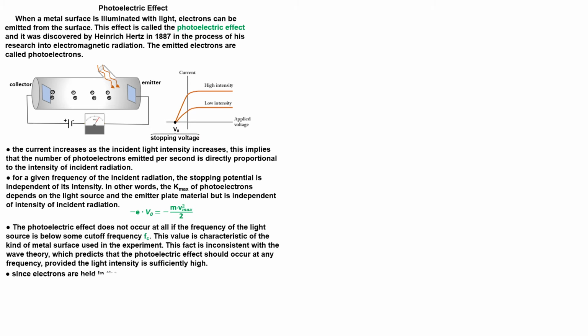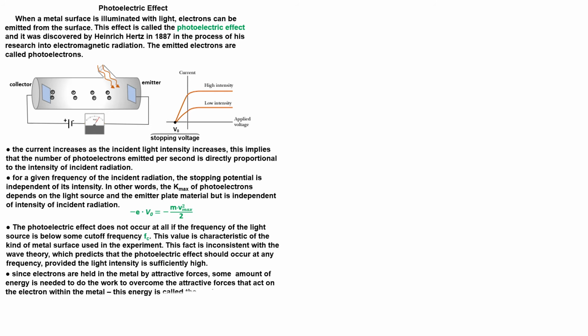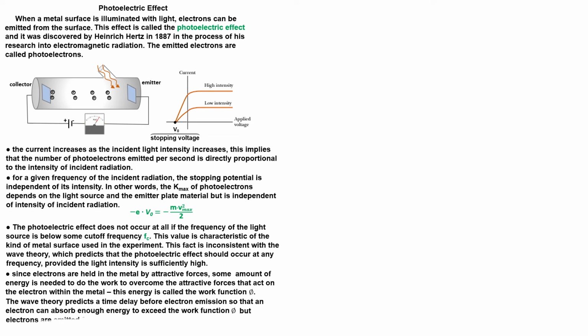Since electrons are held in the metal by attractive forces, some amount of energy is needed to do the work to overcome the attractive forces that act on the electron within the metal. This energy is called the work function. The wave theory predicts a time delay before electron emission so that an electron can absorb enough energy to exceed the work function.